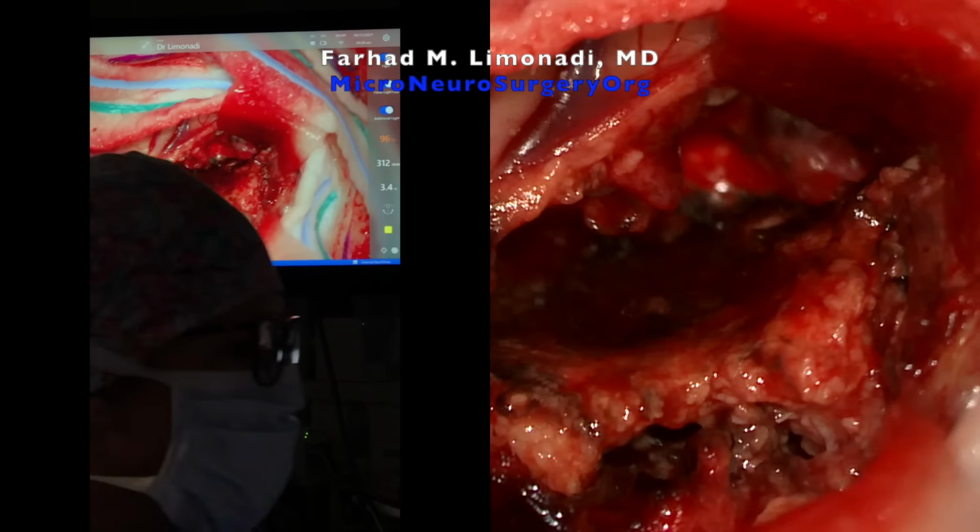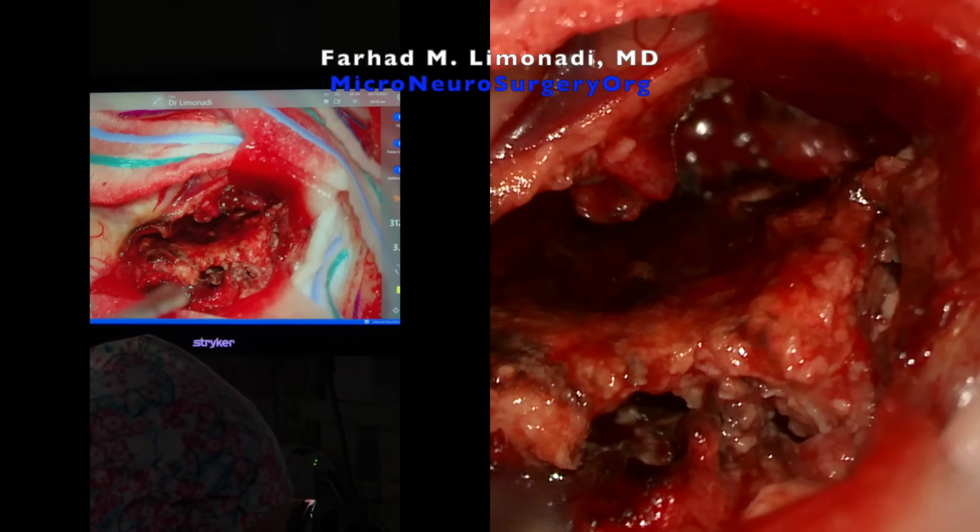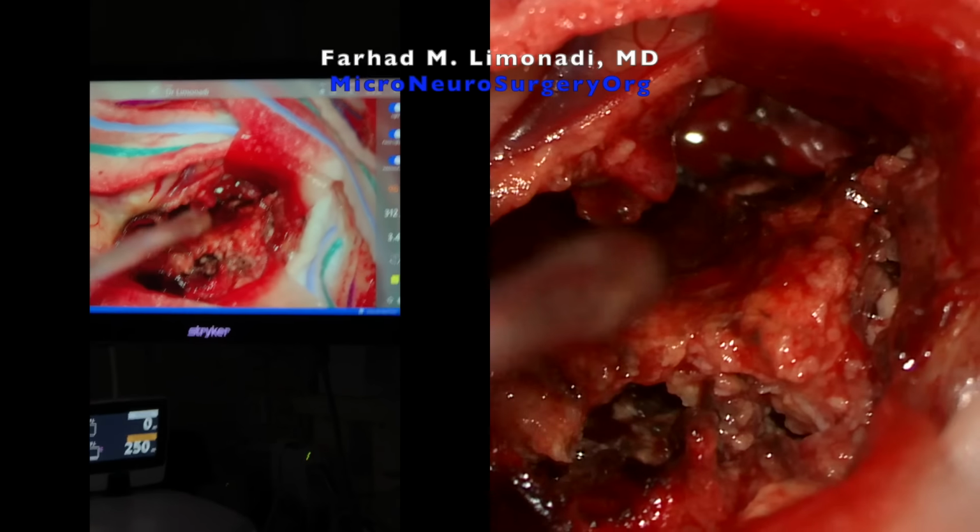We're going to remove the tumor in a few seconds, but patience is a virtue here.